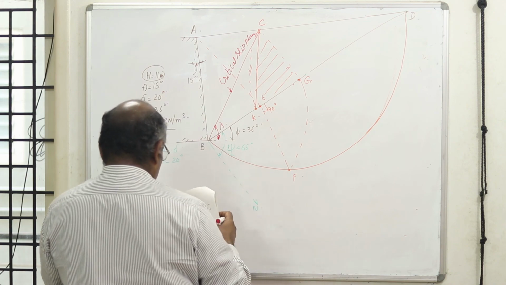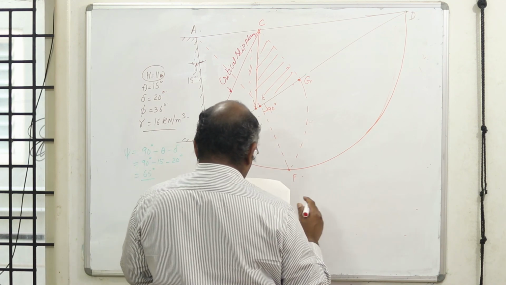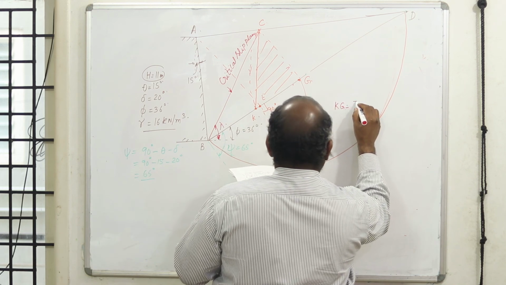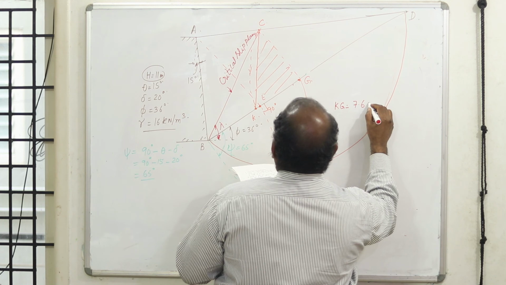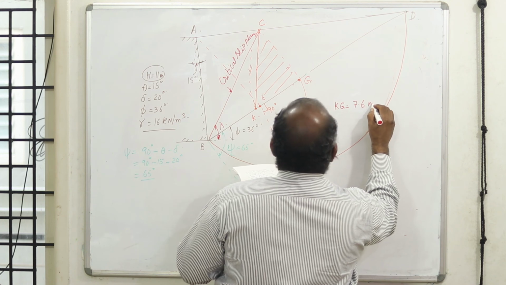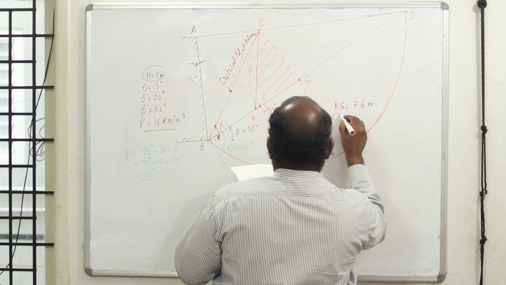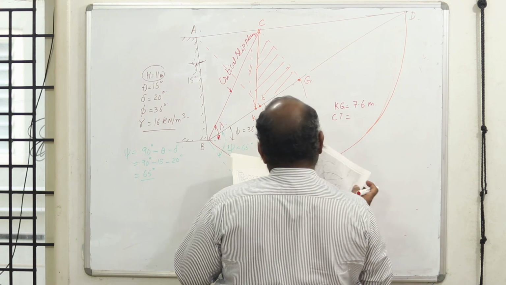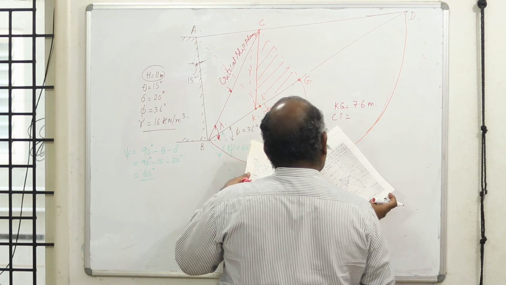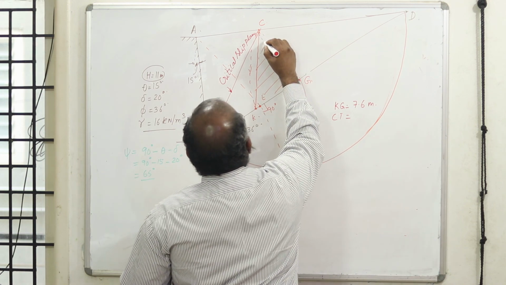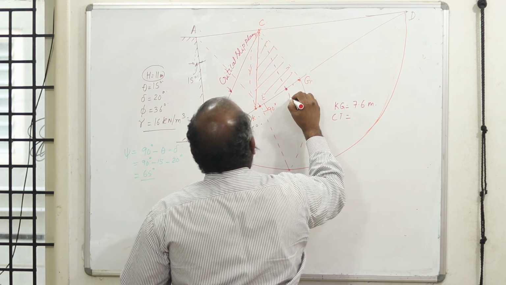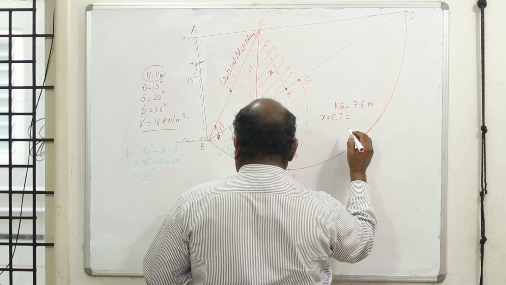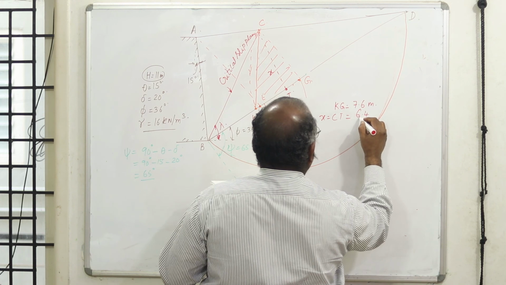Now to scale I got KG is equal to 7.6 meters. Then CT is equal to CT. I got the perpendicular 6.4 meters.